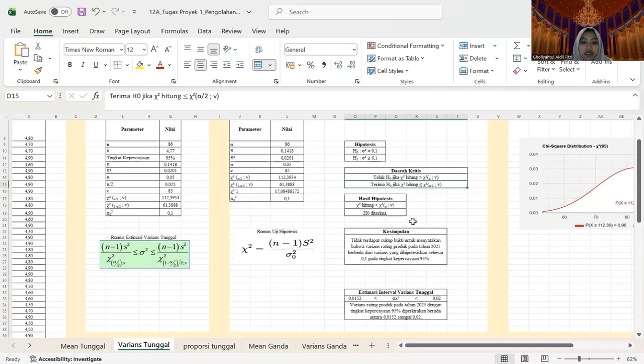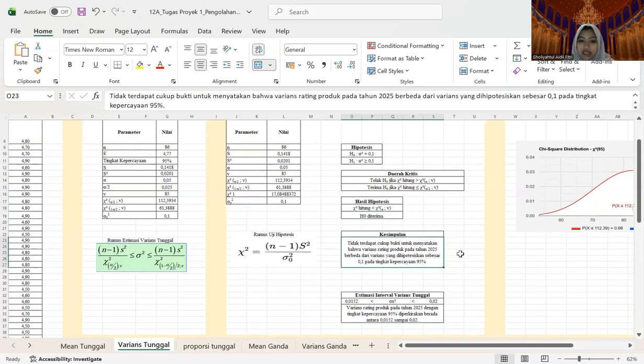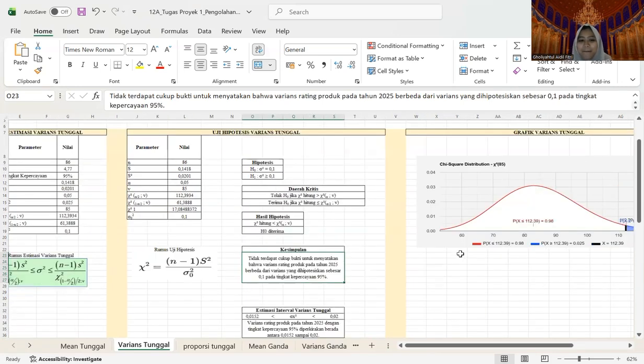Since our chi-square calculated is less than the table value, the H naught is accepted. For the final conclusion, there is not enough evidence that the variance of product ratings in 2025 is different from the hypothesis variance of 0.1 at a 95% confidence level.